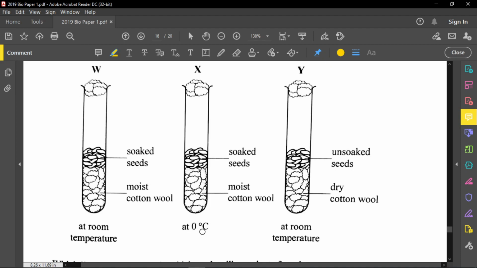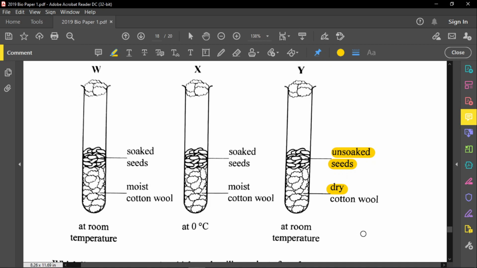We have 0 degrees Celsius. In Y, unsoaked beans, so there's something different with Y here. The unsoaked bean is a little difference here. Let me just highlight that. The beans here are unsoaked, and then the cotton hull here is dry. So this one is dry, unsoaked, and this is at room temperature.